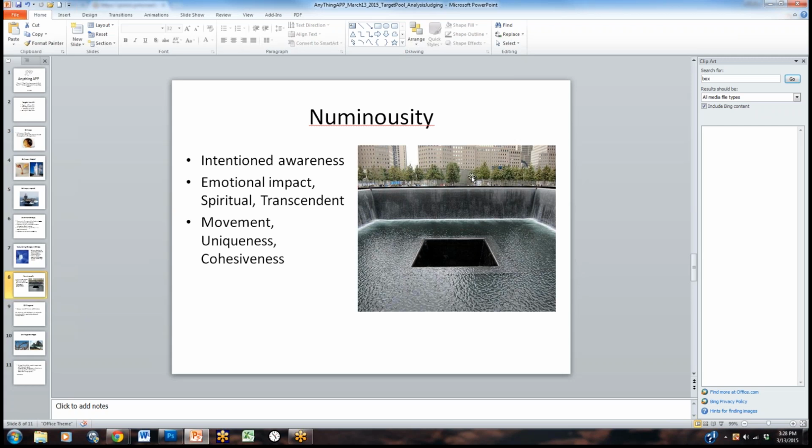It has spiritual value. It's almost like a spiritual vortex because so many people have been quietly contemplative there. To me, numinosity means a lot of people have seen it, it's iconic, and it gathers energy because of that.